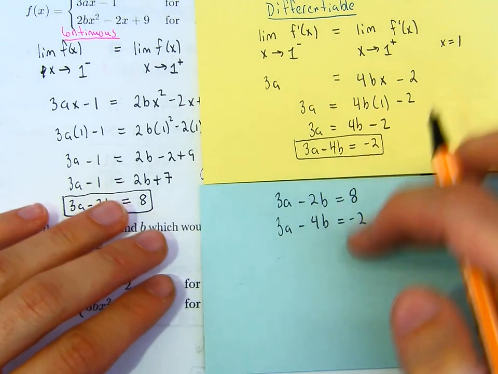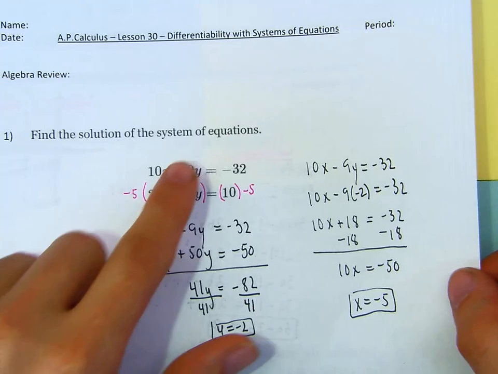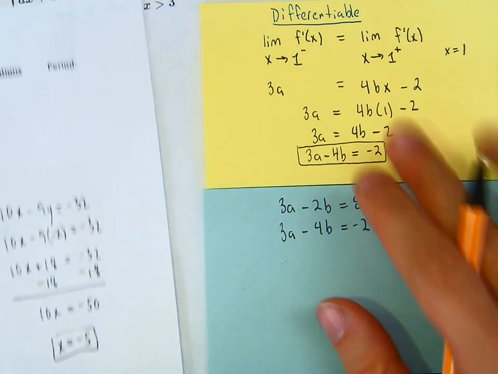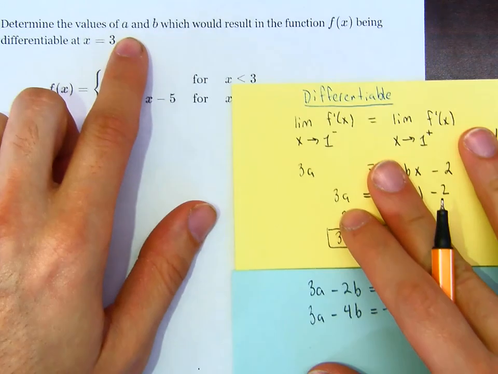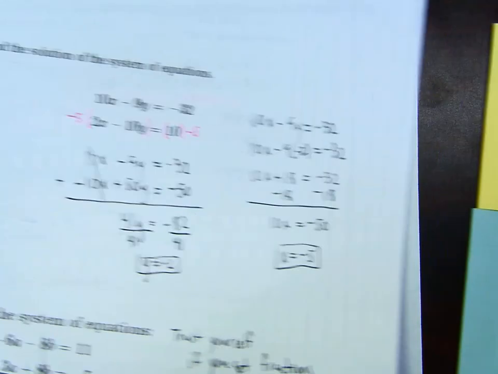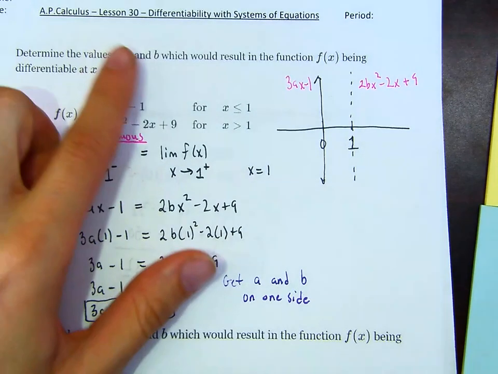So what do we have over here? This is the same thing that we did from the beginning. It's just a system of equations. The question is asking us, what are the values of A and B?